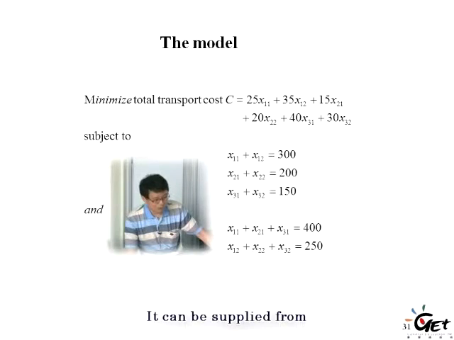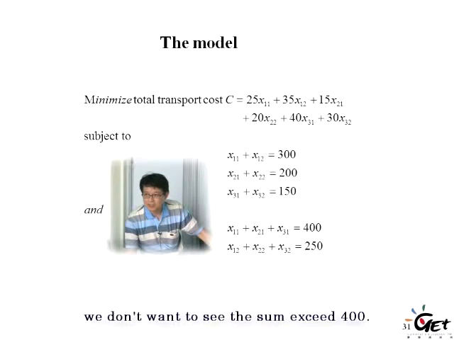It can be supplied from Miaoli, Taichung, and Tainan. Together, this sum should not fall short of 400. And also, the demand at Kaohsiung, 250, can be supplied by Miaoli, Taichung and Tainan. So together they cannot exceed 250.